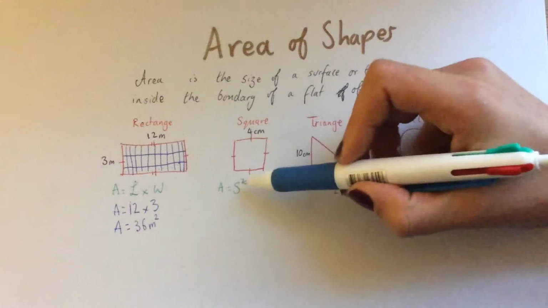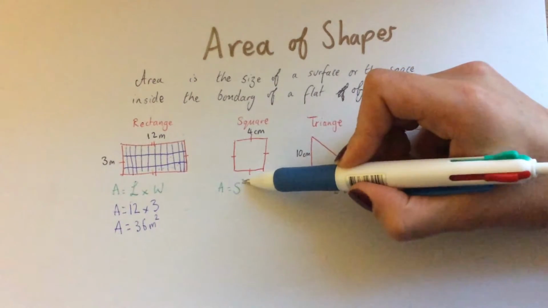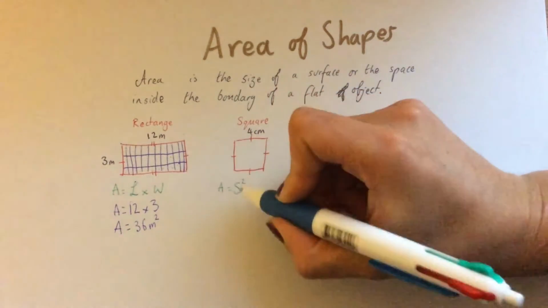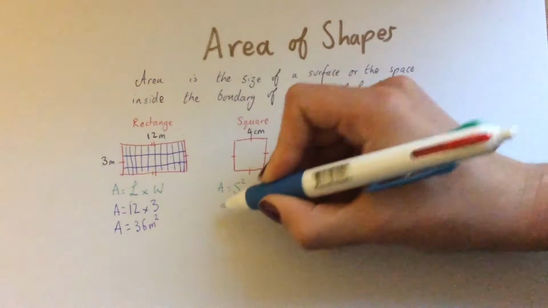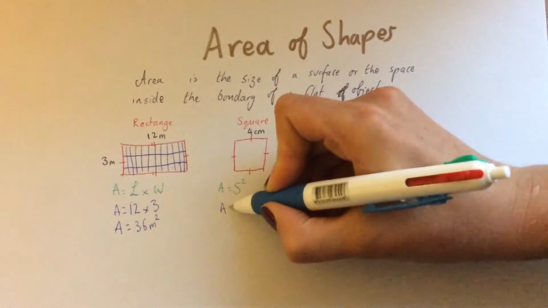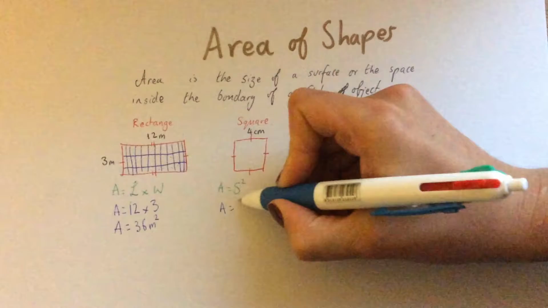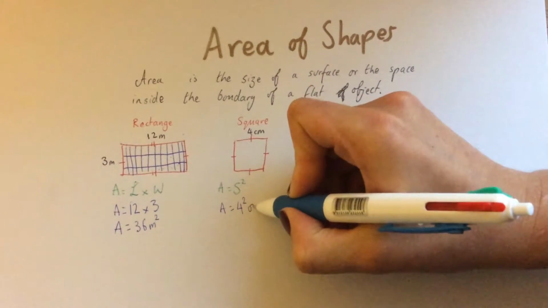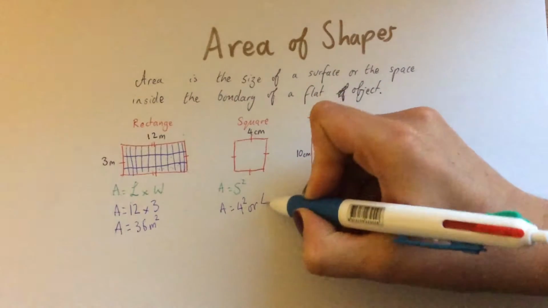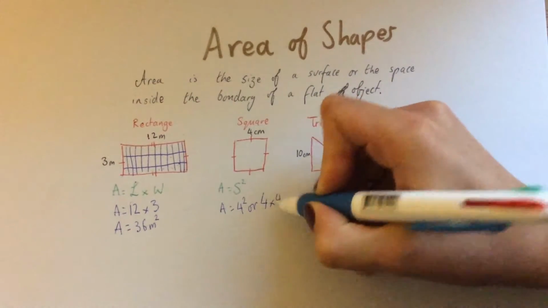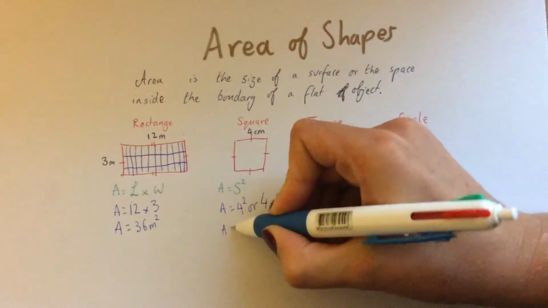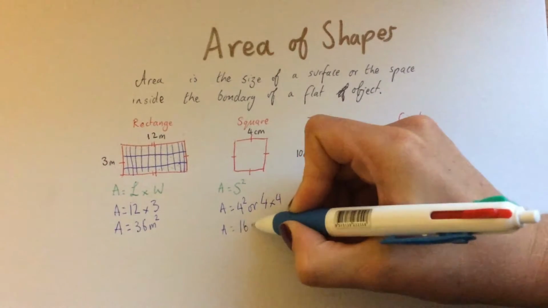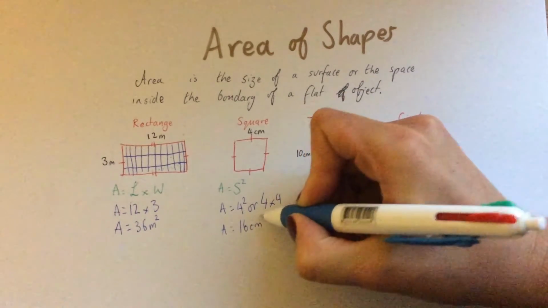So in this circumstance, the area will always equal the one measurement we have multiplied by itself. So the area in this circumstance is 4 squared, which is also 4 times 4. So our area is 16 centimeters squared.